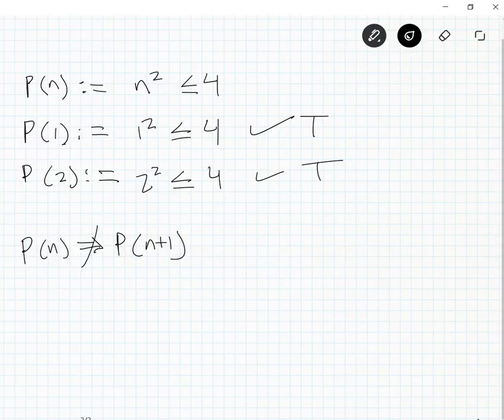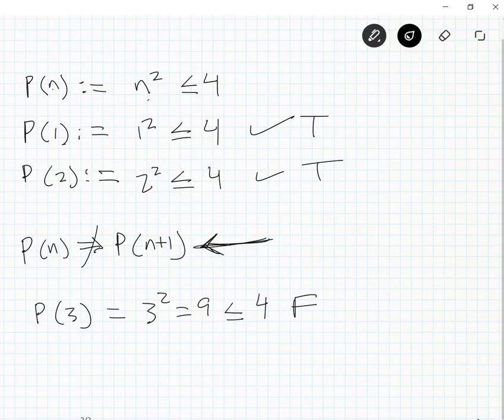You can see a counterexample as to why it wouldn't be true for all n. If you look at the next number, P of 3 is 9 less than or equal to 4, which is false. So P of 3 is false. Okay, so that's why we need the second step.